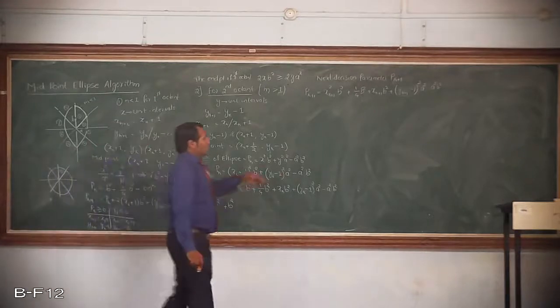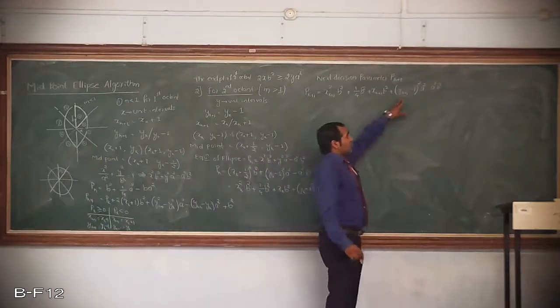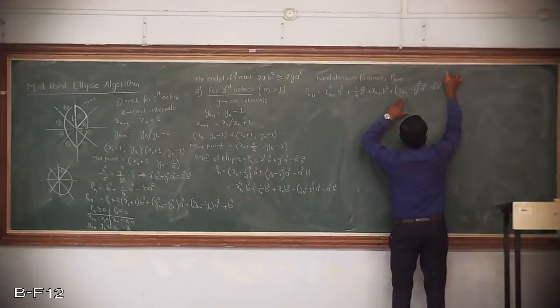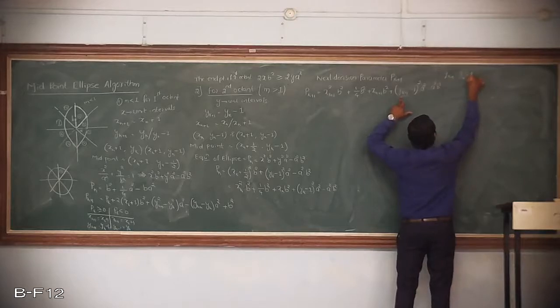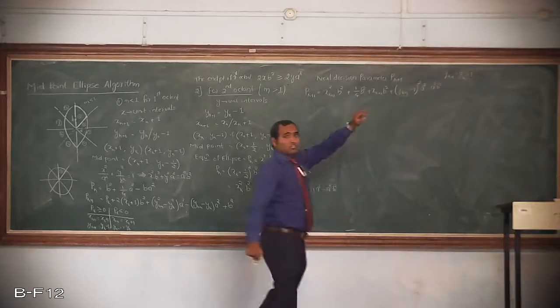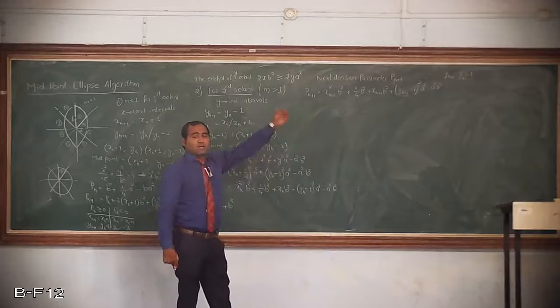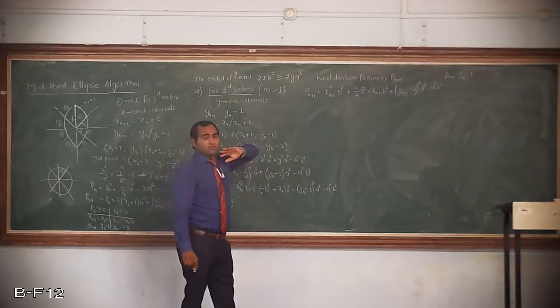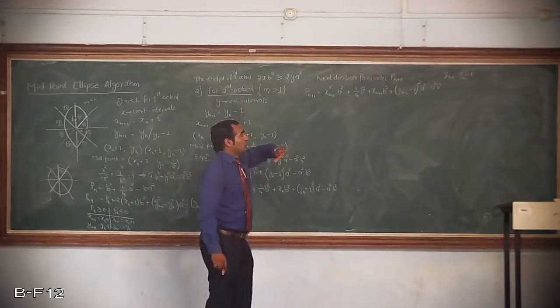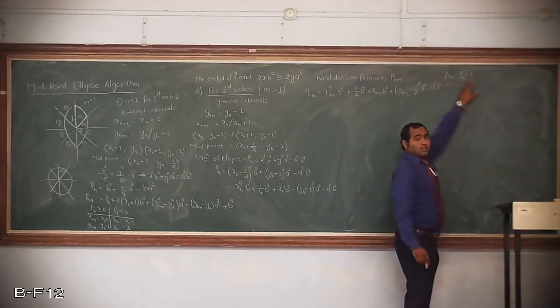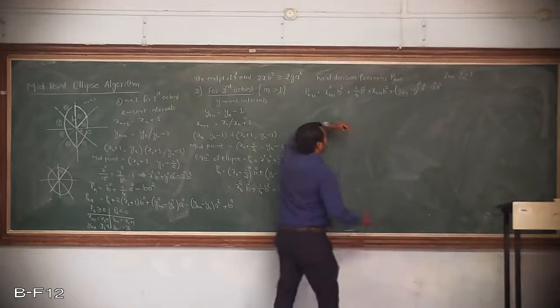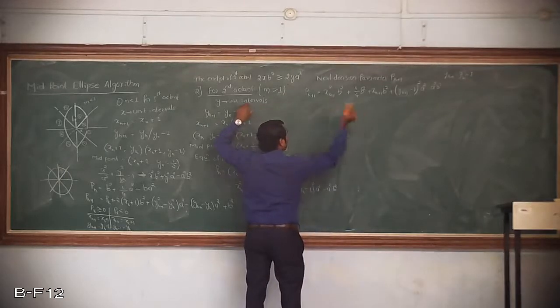The next y coordinate has to be computed. For the next y coordinate, the y value decrements by unity, so it is the previous y value minus 1, yk minus 1. I will do that. Rest of the terms as it is.